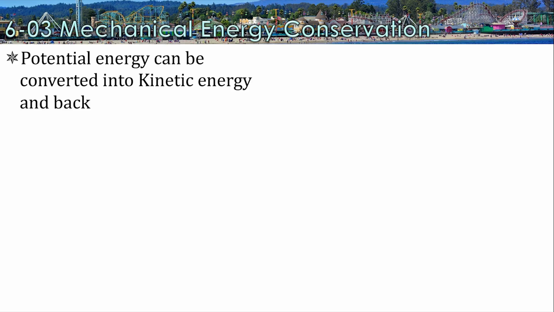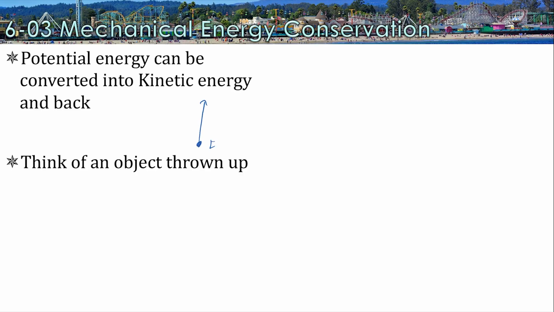Potential energy can be converted into kinetic energy and back and forth. Really? How? Well, think of an object being thrown up. If we throw it up, at the beginning down here it has kinetic energy, but no potential energy, because it's at the bottom.